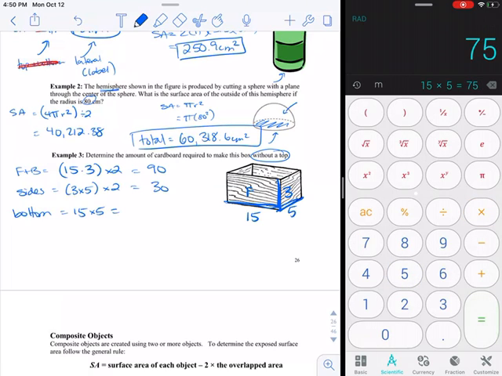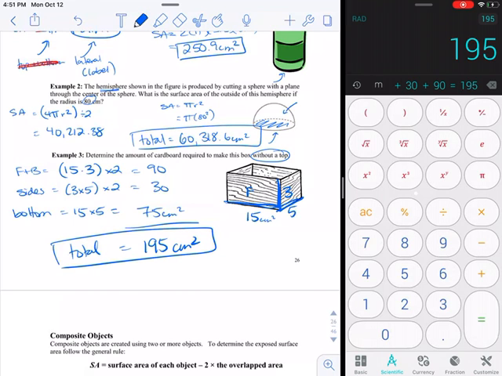And then 15 times 5 is 75 centimeters squared. So the total, if we add all those up, 75 plus 30 plus 90 gives us 195 centimeters squared.